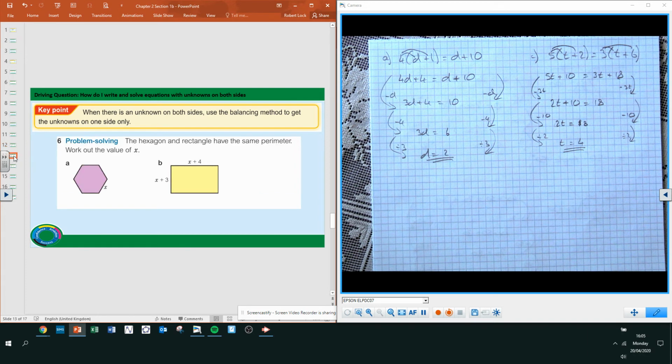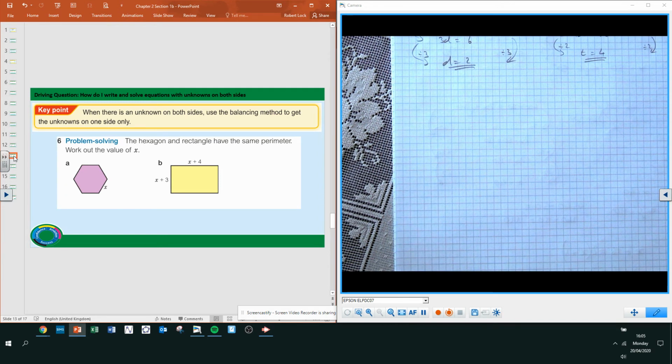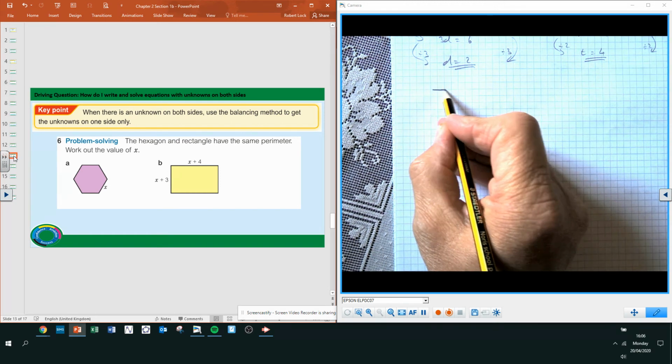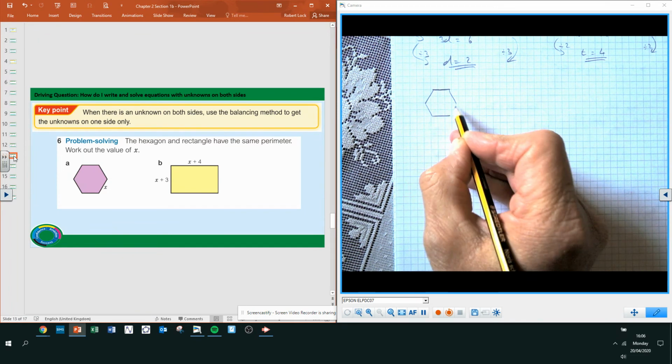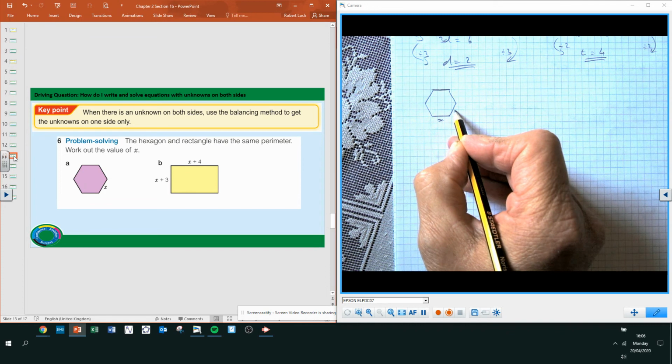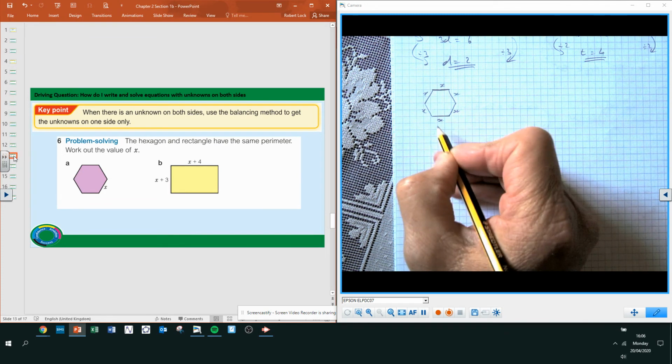Next question. The hexagon and the rectangle have the same perimeter. Work out the value of x. So, hexagon has 6 sides. So x, x, x. x there, x there, x there, x there, x there, x there. 6 x's.